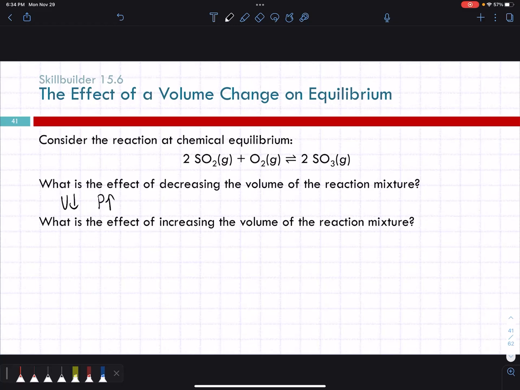So we're going to shift to the products, because on the reactant side, we have 3 moles of gas particles, and on the product side, we only have 2 moles.